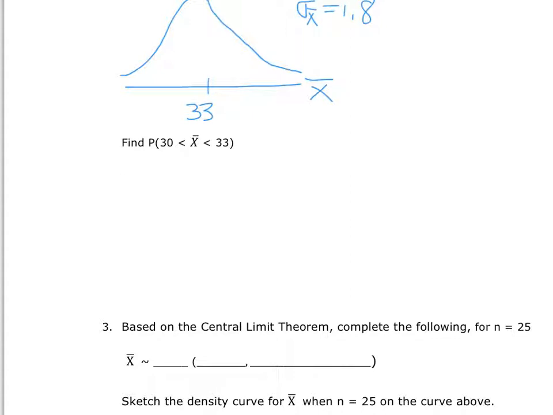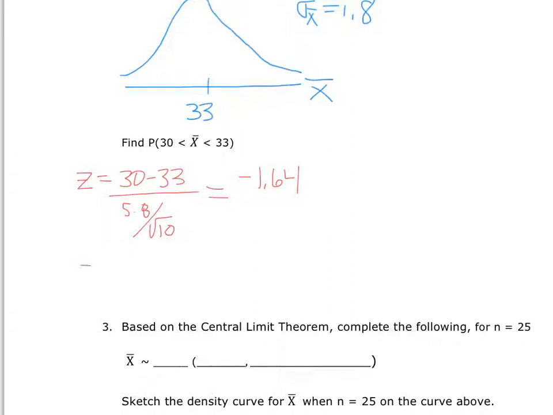So the z-score for 30, you take 30 minus 33, divide that by, now to be completely accurate, we don't want to use the standard deviation that we rounded. So we'll use the 5.8 over the square root of 10 and plug that into the calculator, and then round that to 2 decimal places, and that's going to be a negative 1.64.